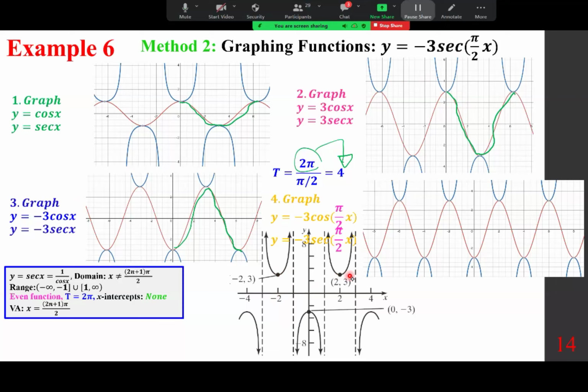Now, as I mentioned, we can calculate T equals 2 pi over 2, 4, replace the pi with half of T, which is 2, and you get these values as on the previous page. So I showed you all those steps, and you can figure out which one is the fastest and easiest for you to do.